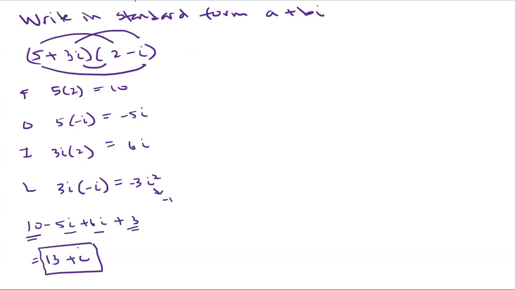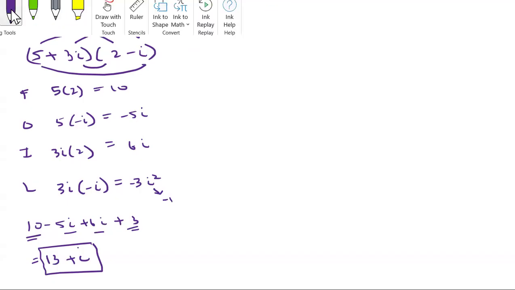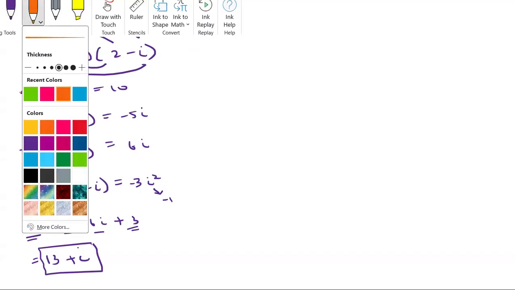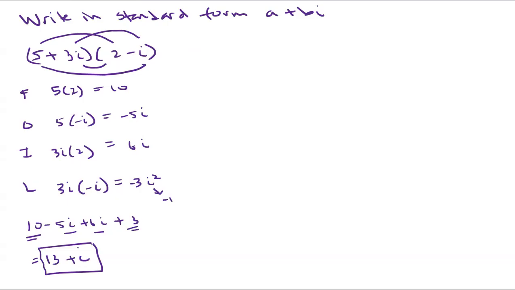So that's the FOIL method, which a lot of students use. The method I use is basically the same, but I write it in a different way. It's just using the distributive property. What I do is I take the 5, the first term, and multiply it by the second term.